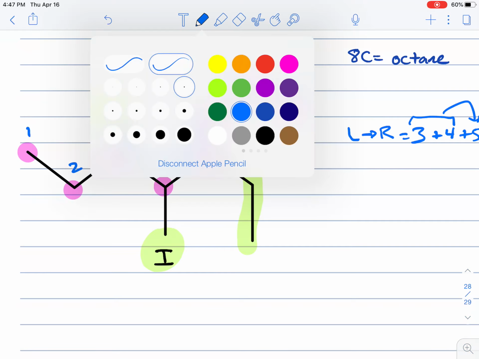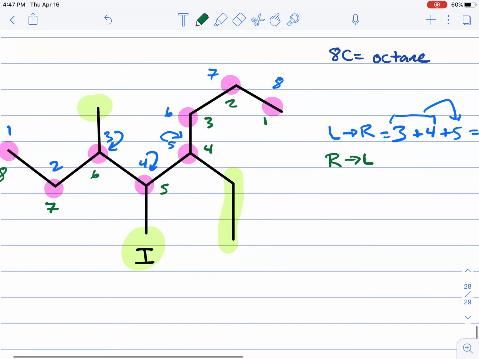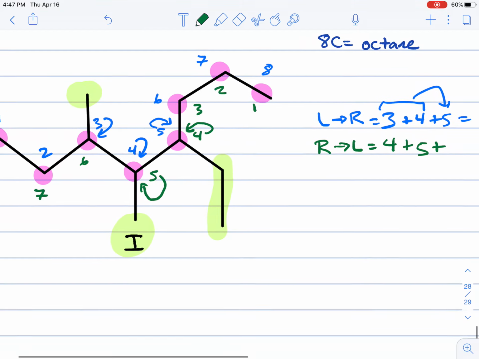All right, so let's go ahead and change our colors. And now we're going to go from right to left. So this is 1, 2, 3, 4, 5, 6, 7, and 8. And so here in this case, we have a substituent on the fourth carbon. So we're going to put 4. Then we're going to add that to the substituent on the fifth carbon. So 4 plus 5.